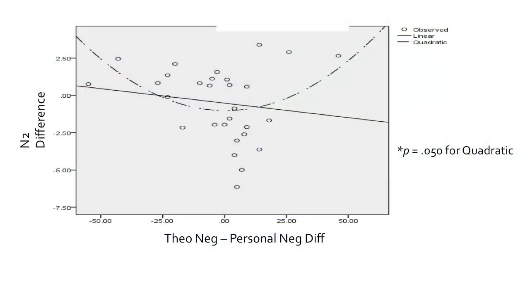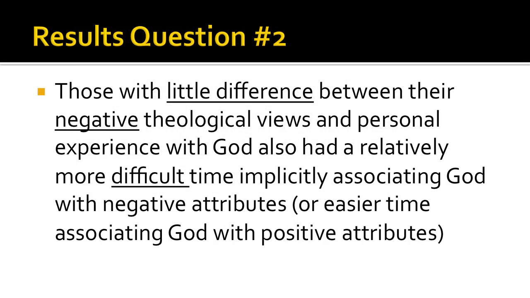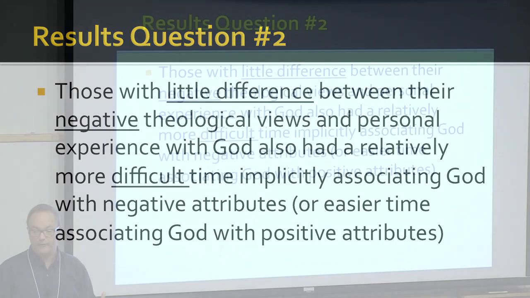And then finally, I correlated the implicit score with the difference on the negative words between what they theologically believed and what they personally experienced. And I got this quadratic relationship, such that those with little difference between their negative theological views and personal experience with God had a more difficult time implicitly associating God with negative attributes.